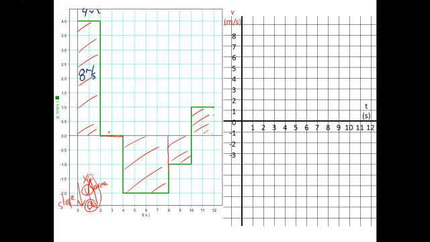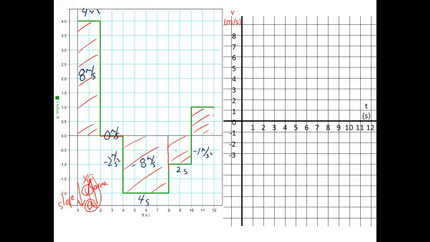And this section, obviously, we notice that that's 0 meters per second. In this section, I've got a base of 4 seconds and a height of -2 meters per second squared. So -2 times 4 gives me -8 meters per second. And then in this next section, I've got a base of 2 seconds and a height of -1 meters per second squared.